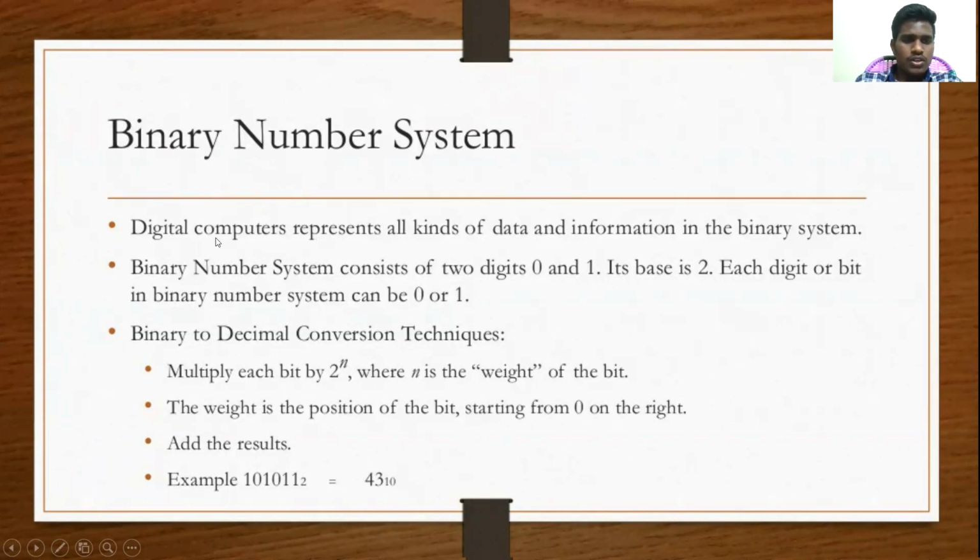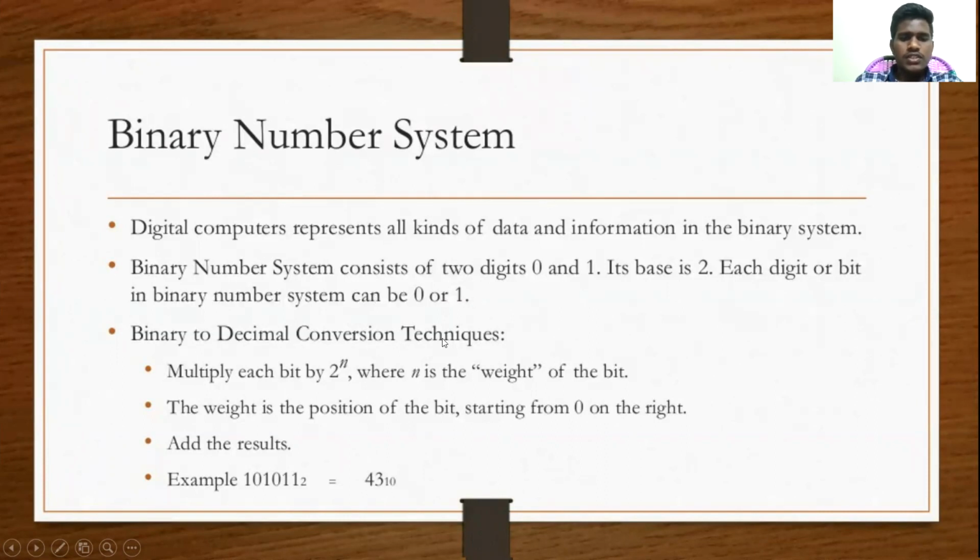So it is very important to understand this. Binary number system consists of 2 digits, 0 and 1. Its base is 2. This is the radix. Each digit or bit in the binary number system can be 0 or 1.